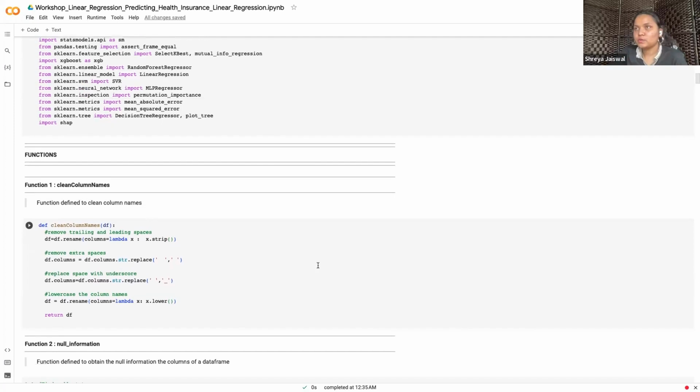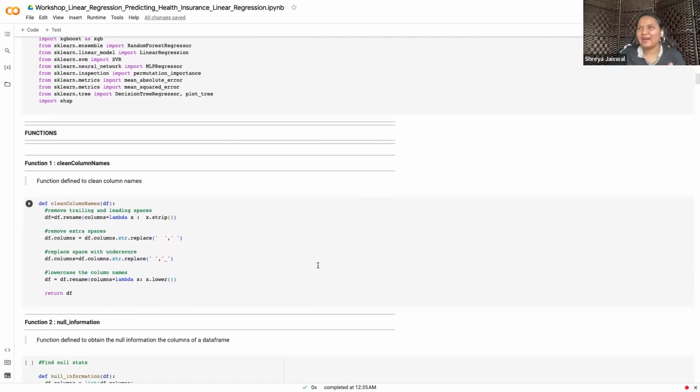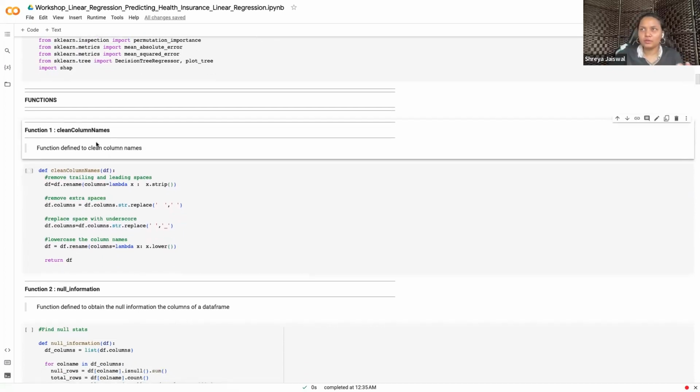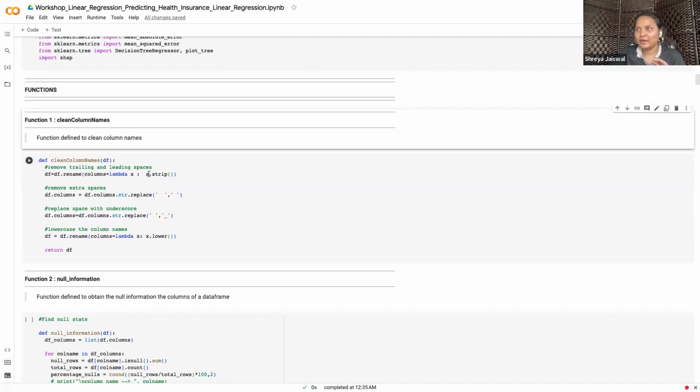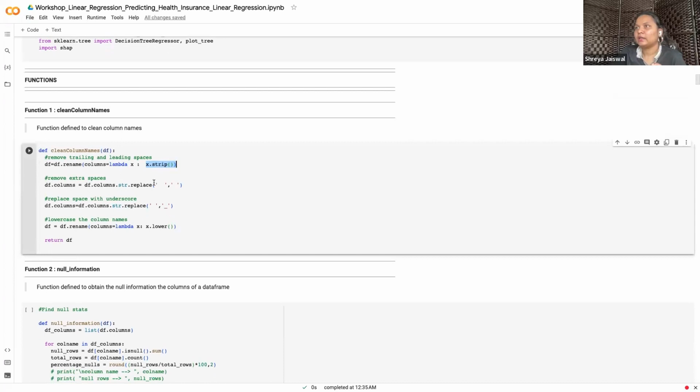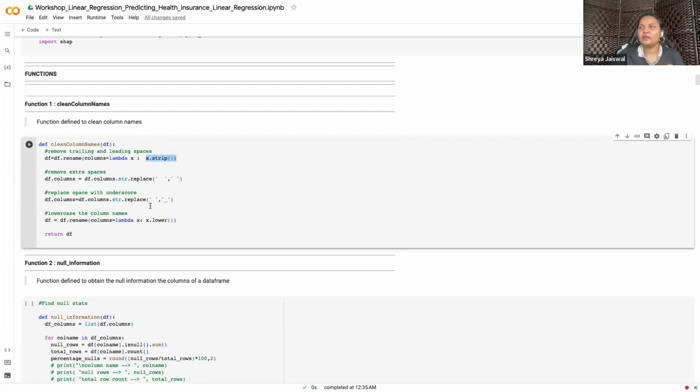So these are a few very basic functions which I've defined to have the column names uniform. As you can see, I have removed the extra spaces using the strip function, and I have replaced the blank spaces. I wanted all my column names to be in lowercase, separated using an underscore.